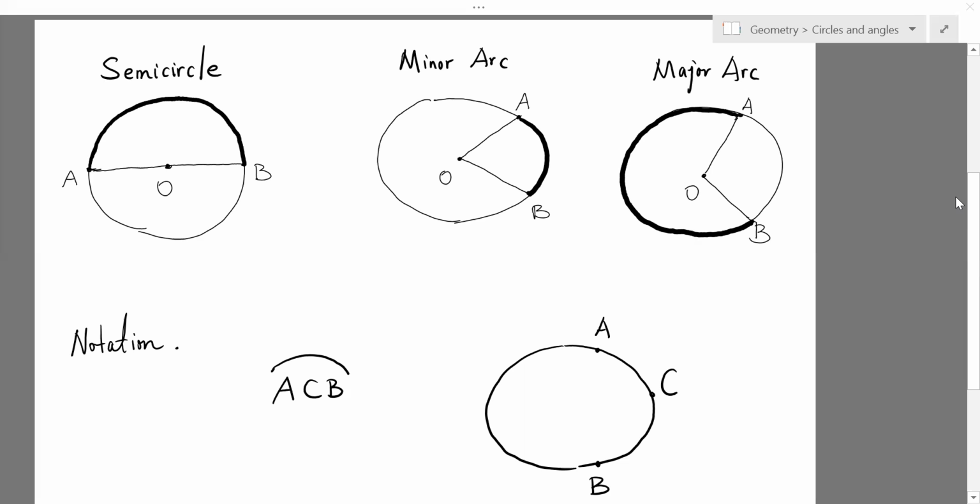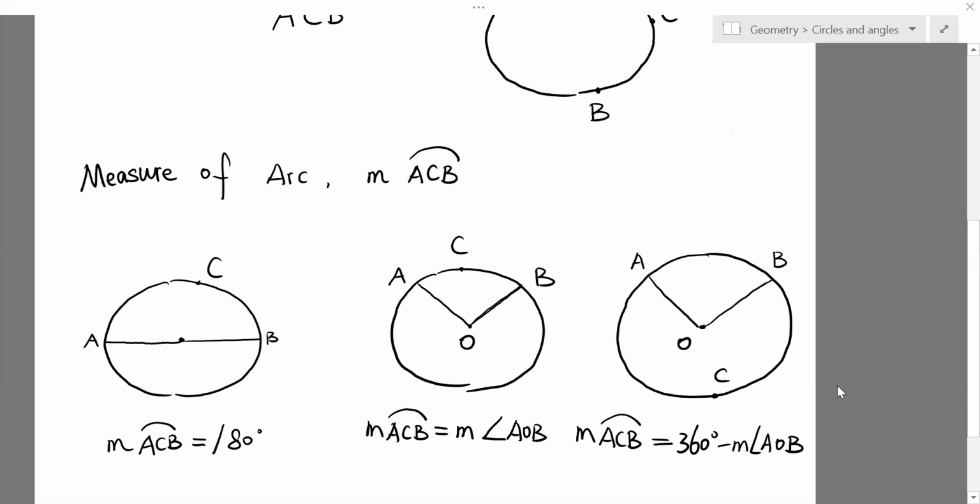Now, with the idea of arc at hand, we are going to look at the measure of arc, as we are looking at on the screen here.